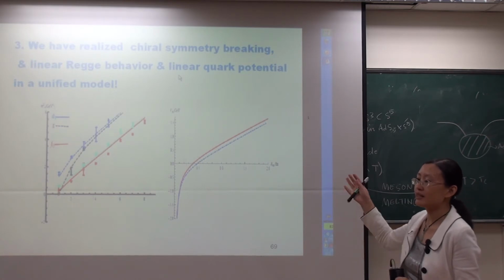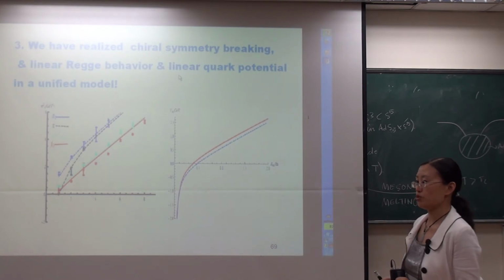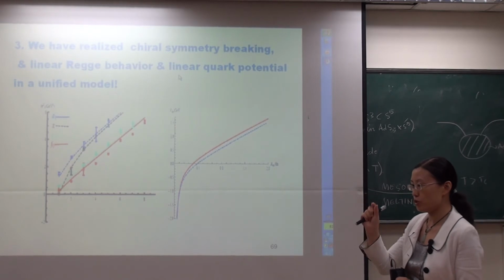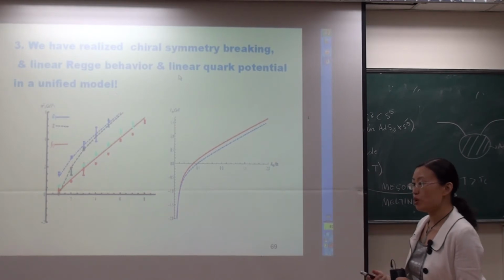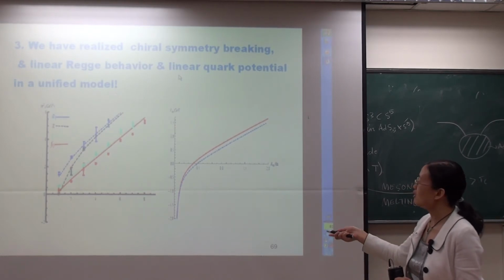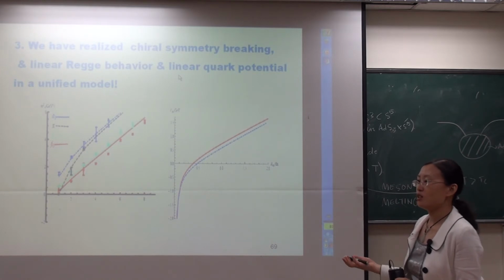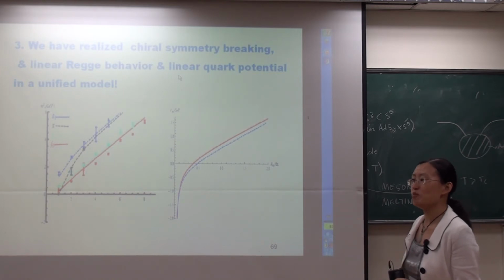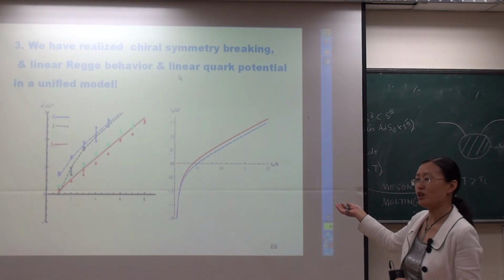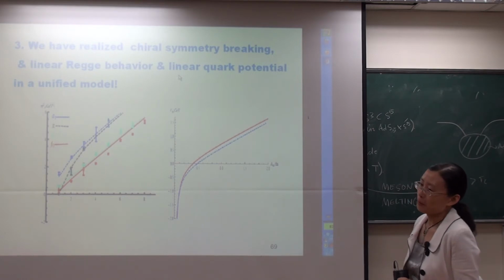With this they can get this linear Regge behavior for the rho meson. Of course this is the essential point for this Regge. So basically we did the work for them because we proved that your model is good if you solve this fully.